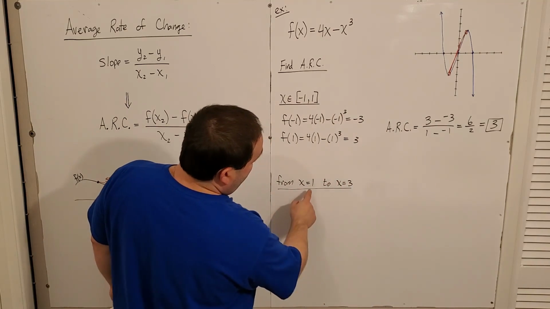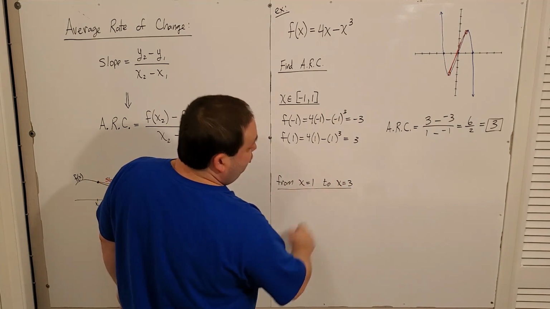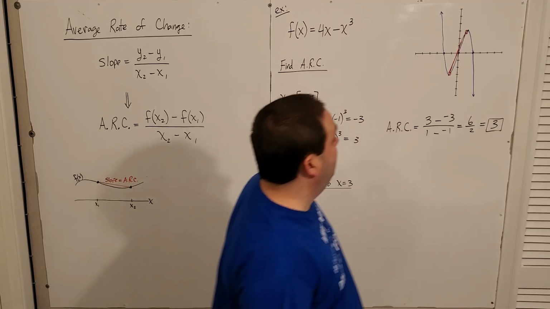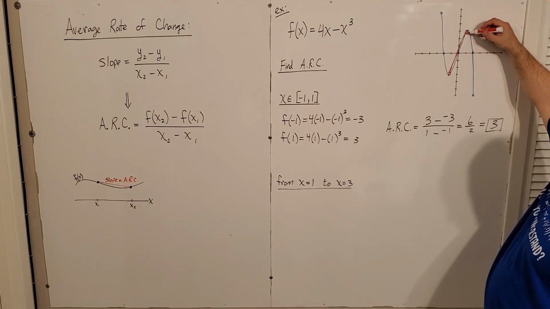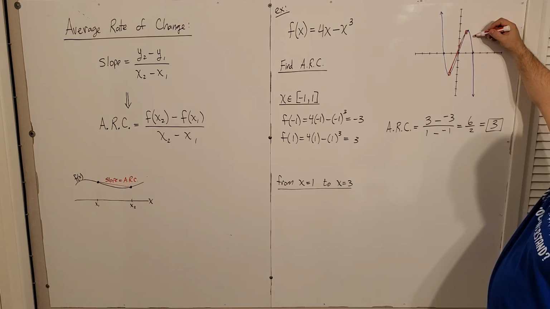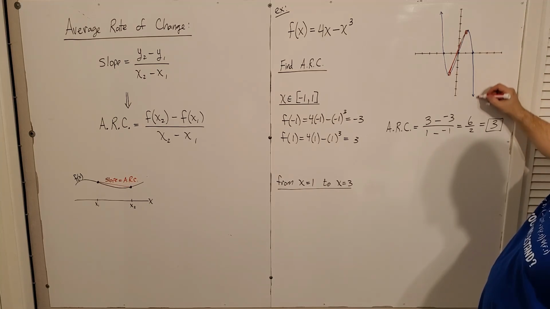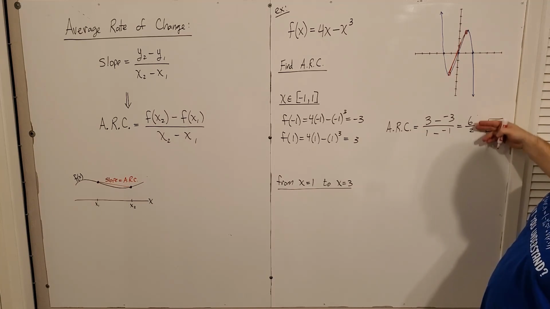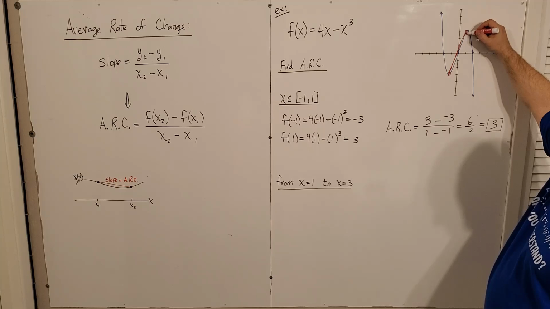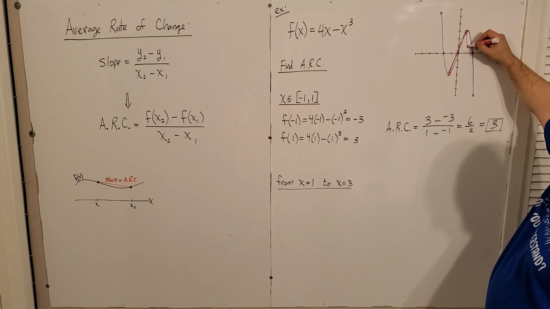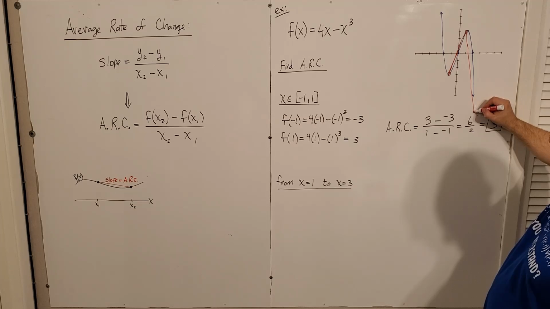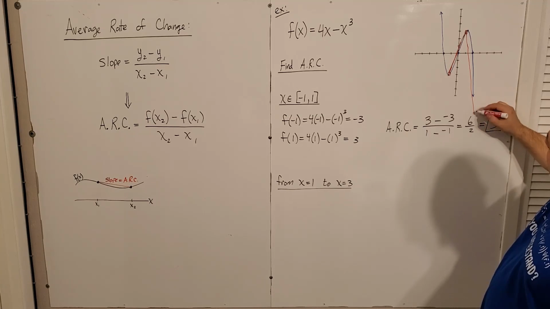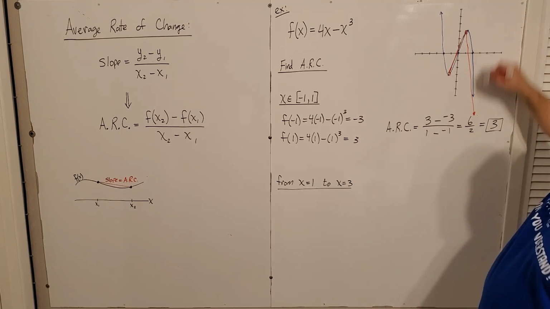The interval where x equals 1 to x equals 3. All right, well, x equals 1 is here, right? We already did that. That's this point right here. And x equals 3 is actually really far out of reach off of the graph. So we're talking about a line that's going to have a really steep slope here, going like this, until it hits the graph way somewhere far down here.